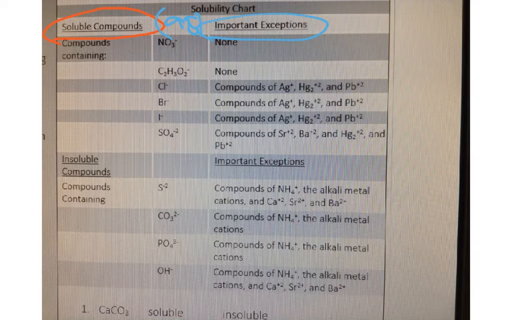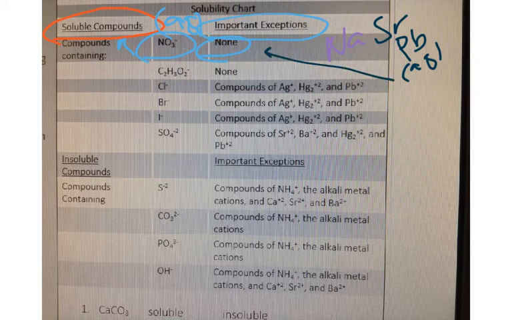If I partner up any cation, or positive ion, with nitrate, they will always be soluble, and there are no exceptions. So if I combined NO3 with Na, with Sr, with Pb, all of them will always be dissolvable, which means they will always be aqueous. Why? Because there are no exceptions.